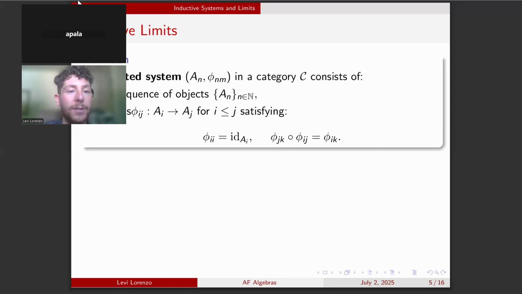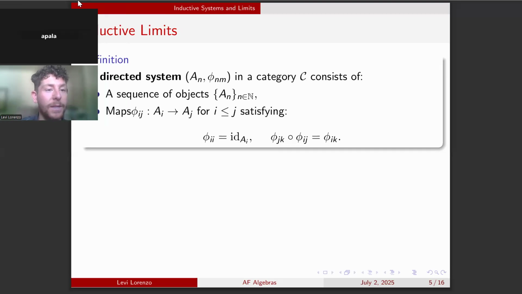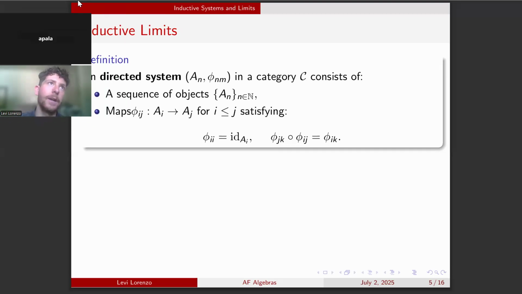I want to talk just a little bit generally, working in a more general category, about what these things are. One of the reasons I want to do this is because when we get to K-theory, we're going to be talking about inductive limits of abelian groups.